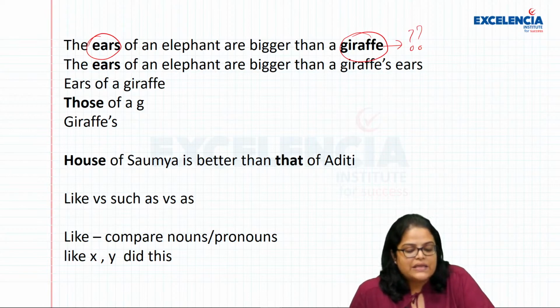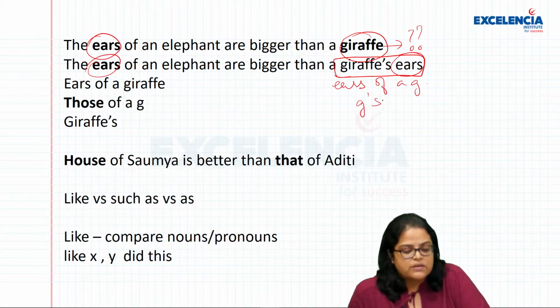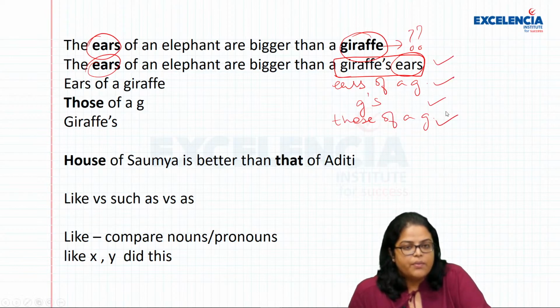So I'll say ears of an elephant are bigger than a giraffe's ears. So I'm comparing ears to the ears. Or I can say the ears of a giraffe. Or I can just say giraffes'. Or I can say those of a giraffe. All four are okay, guys. So I'm comparing the ears to the ears, no? I have to make sure that the left hand side and the right hand side match.